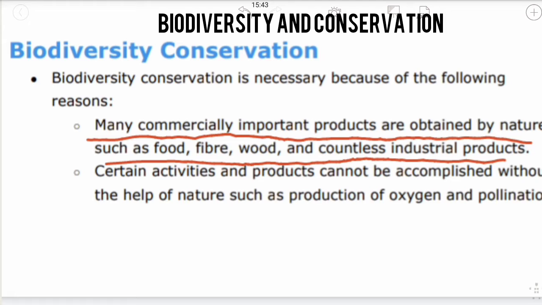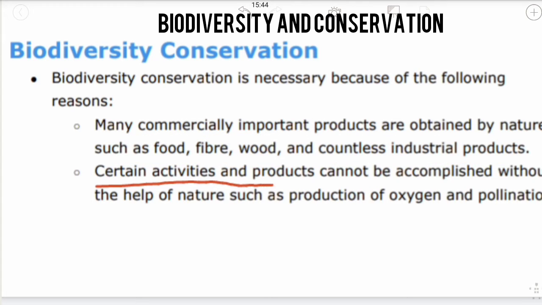So by conserving the biodiversity, we get products such as food. Food is really very necessary for everybody to survive. Fiber is necessary, wood is necessary, everything is necessary, and we get industrial products by conserving the biodiversity. So we get many commercial products through biodiversity.